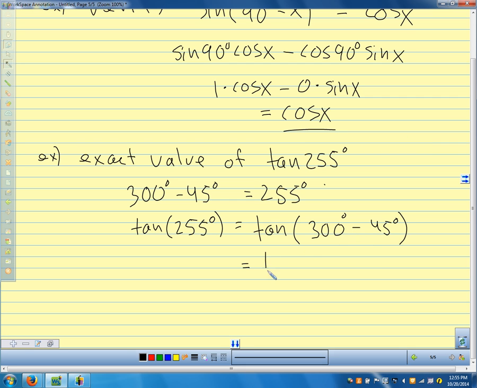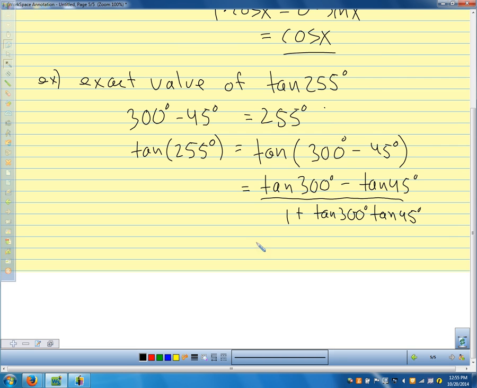So this is going to be the tangent of 300 minus the tangent of 45 over 1 plus the tangent of 300 times the tangent of 45. And I plug these in.